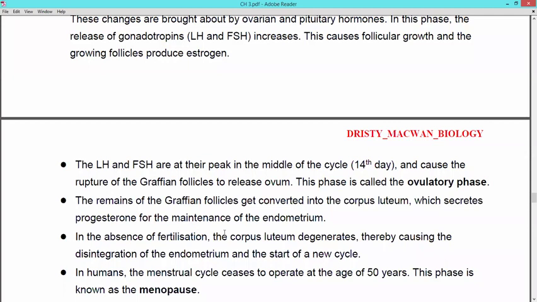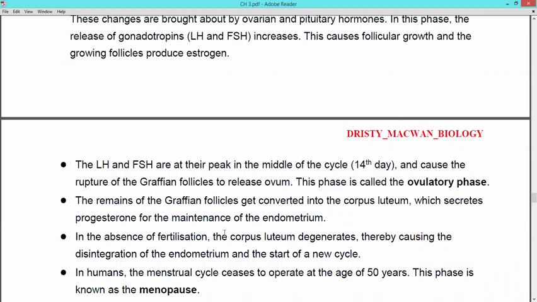Now, when there is absence of fertilization, that is when the fertilization is not taking place, at that time the corpus luteum degenerates. For this reason, the disintegration of the endometrium takes place and a new cycle starts.